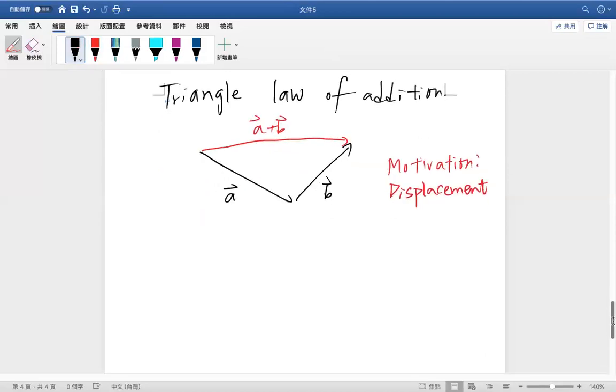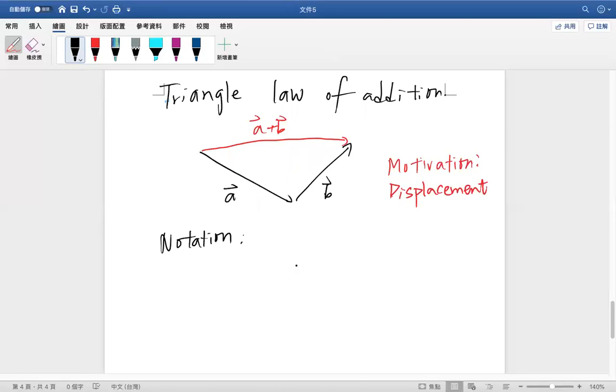Some notation. Now sometimes we are just given two points, and then we want to describe the vector that points from a certain point to another point. If you always do it like these things, it's very messy in notation because every time you need to define a new vector.